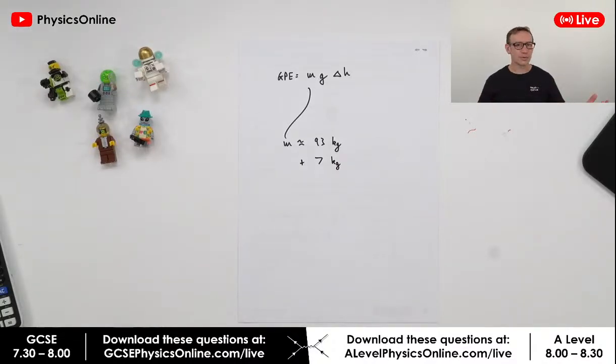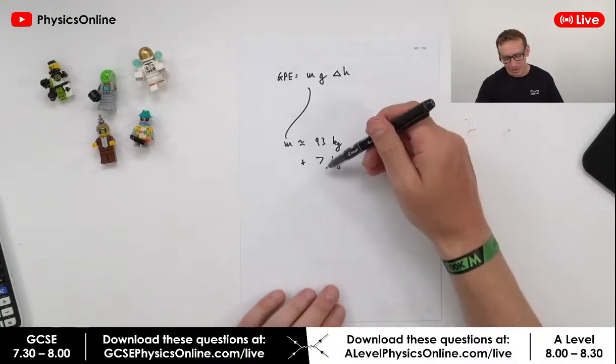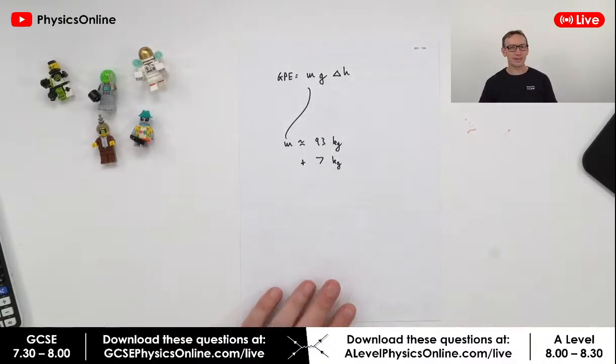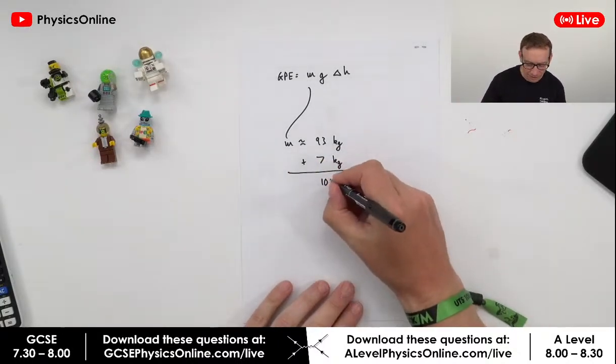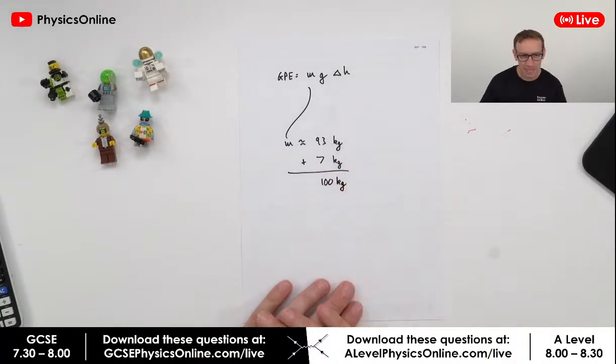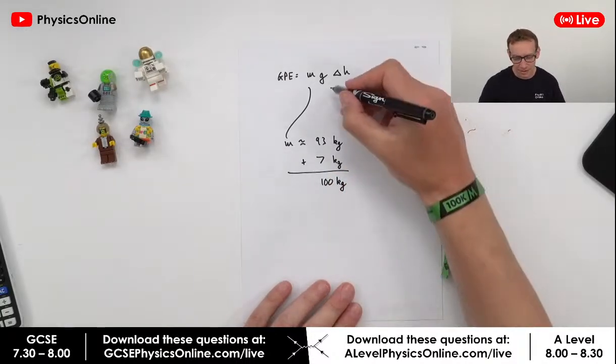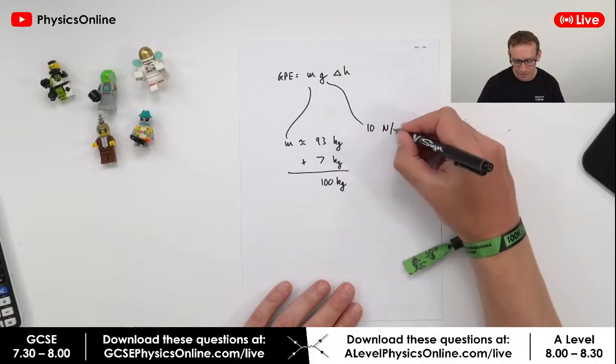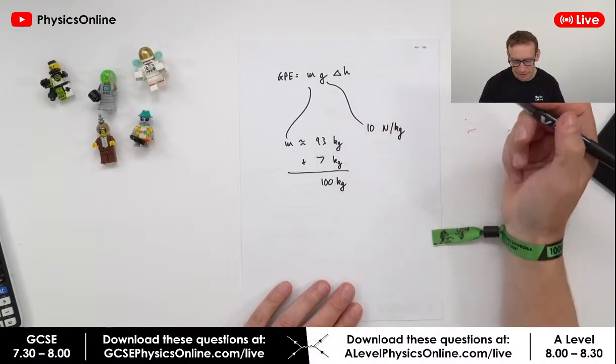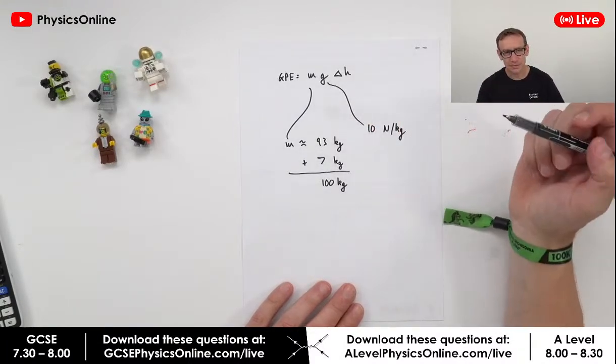That had water in it at times, and also included in this 7 kilograms I reckon I've got my shoes and the walking poles I was carrying. So I reckon my total mass is about 100 kilograms. Let's say g is about 10 newtons per kilogram, the gravitational field strength.